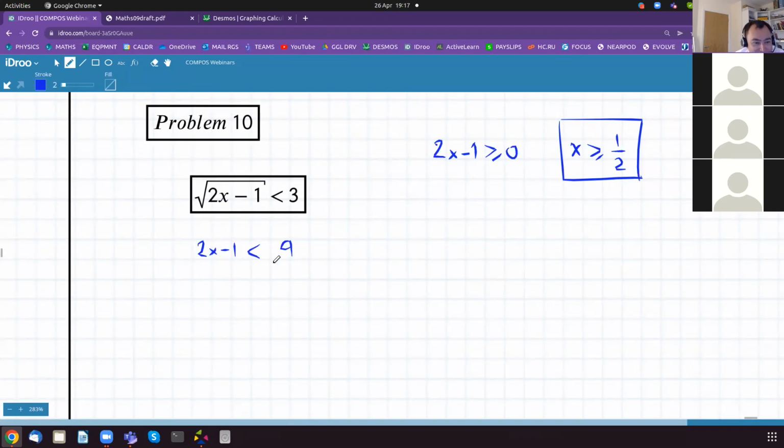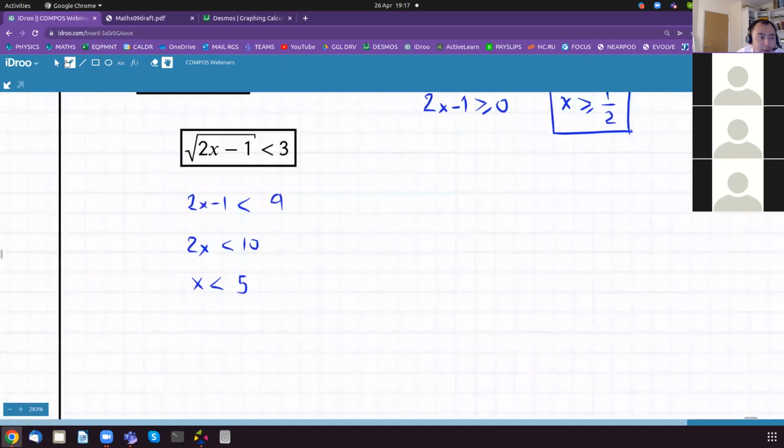All right, so you have 2x is less than 10, x is less than 5. So the answer is that x belongs from 1/2 to 5, not including.